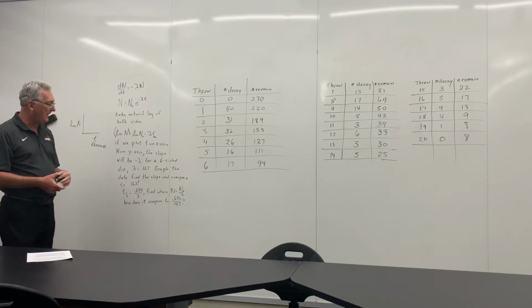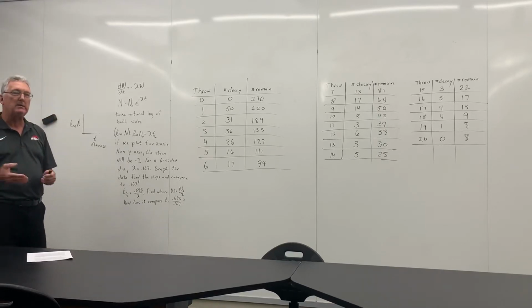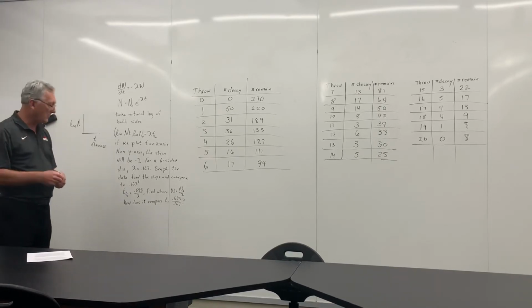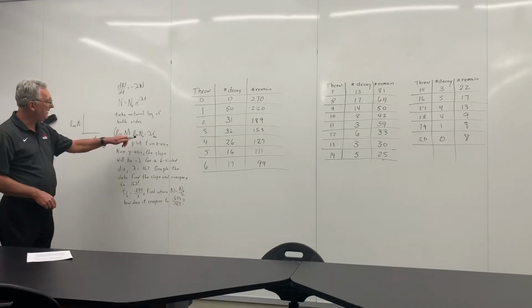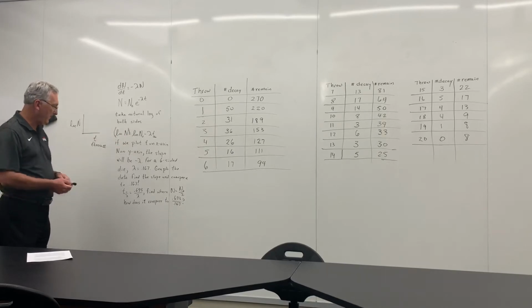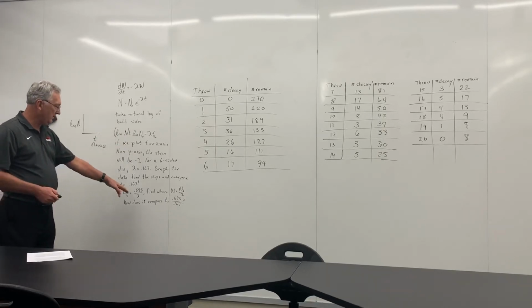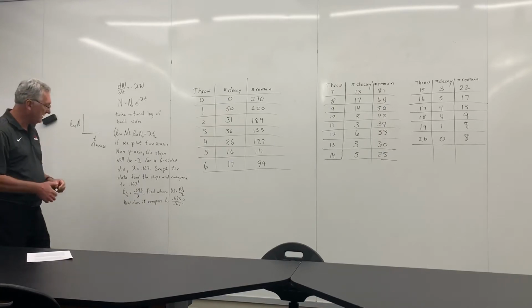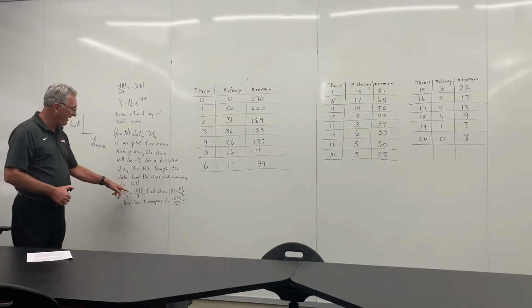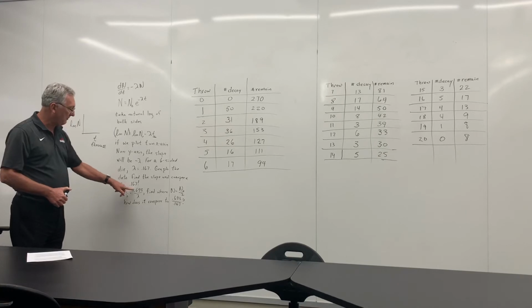And then the half-life is the time that it takes to get to N naught over 2. You can find that by, this would be the log of a half. The log of 2 is 0.693, so the log of a half would be minus 0.693. And so the half-life is equal to 0.693 divided by lambda.